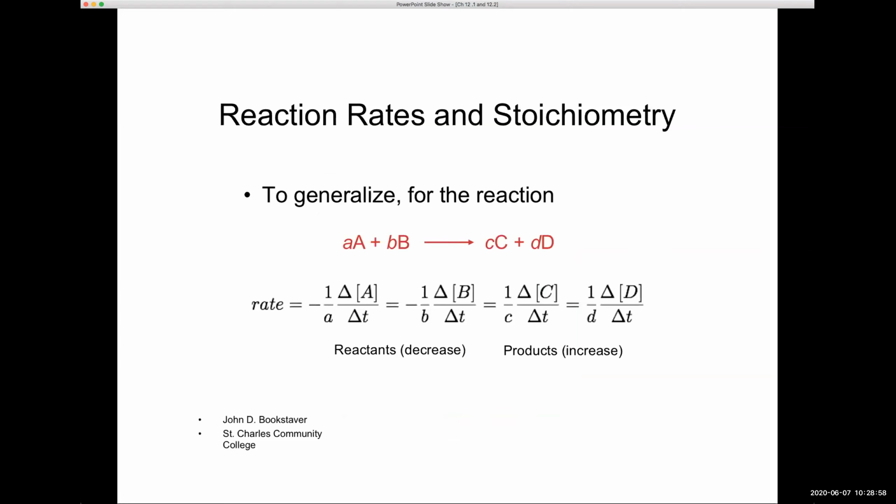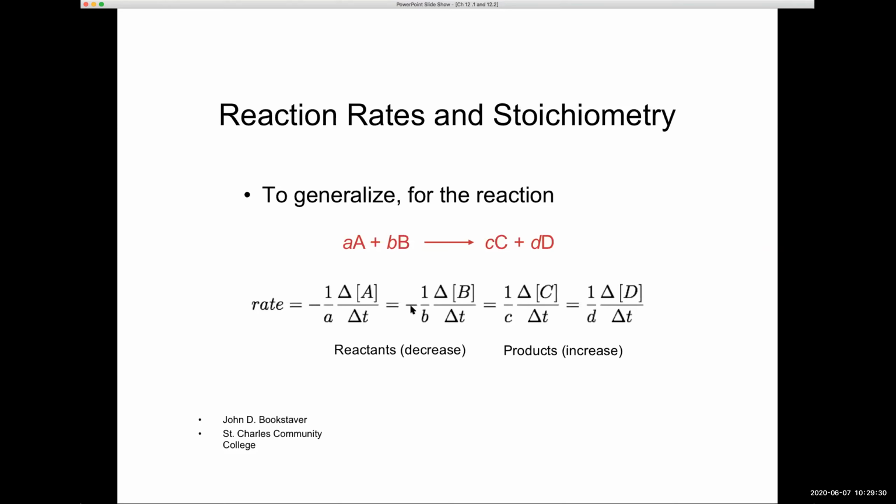Okay, there's another thing about a chemical reaction: I said you can measure the rates from either reactant, if there's more than one reactant, or from the products. And there's a relationship that has to do with the stoichiometry, so these coefficients. So the relationship between the rates. We have one rate, the rate's always positive. If it's a reactant, it's minus 1 over the coefficient times the change in concentration of the reactant over the change in time.